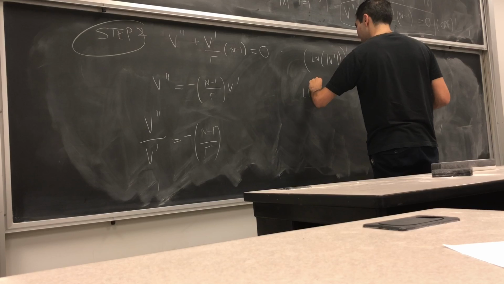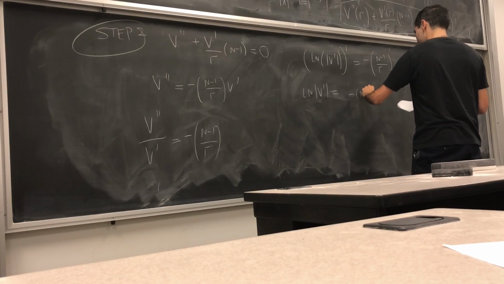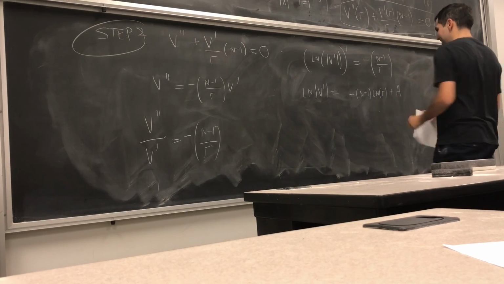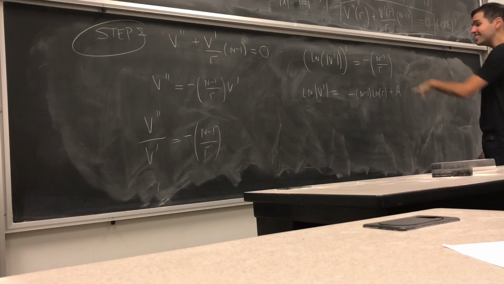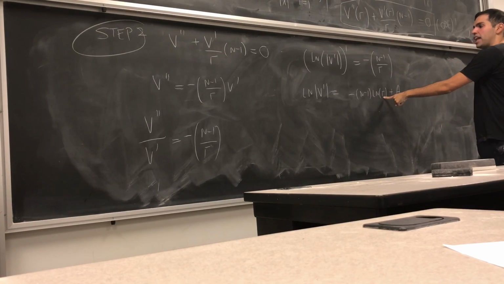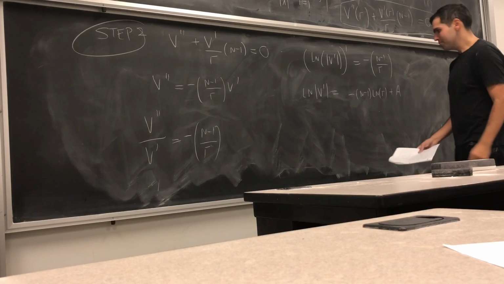Let's integrate that. ln of v prime is minus n minus 1 ln of r plus a. So again, ln the generous makes another appearance here. And by the way, I didn't put absolute values because remember, r is a distance, which is positive.